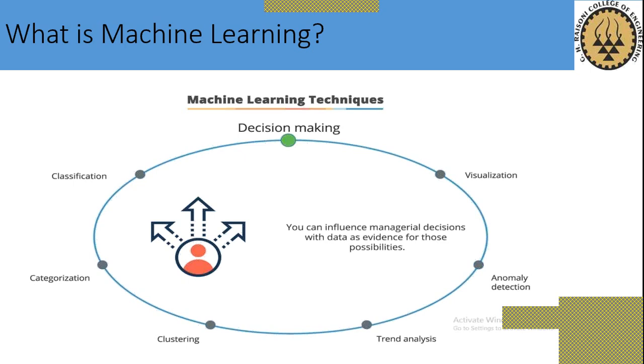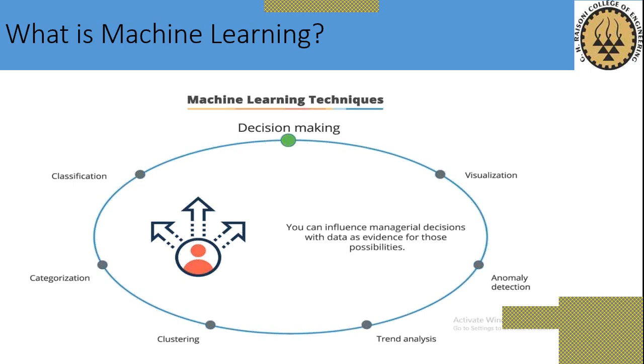For example, if the government has to decide whether we can unlock the lockdown or not, on which basis do they take the decision? The decision is taken on the data available. How many COVID patients are there in that particular area? Based on that, the government has to decide whether to allow the unlocking of the lockdown or not.